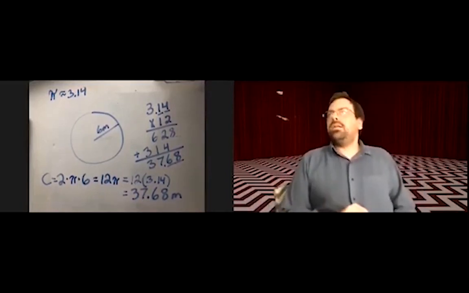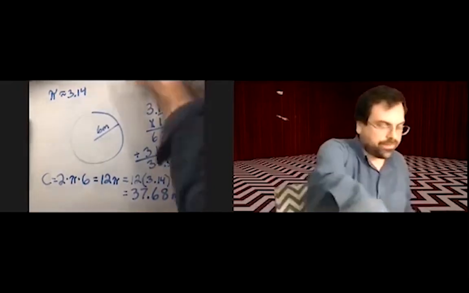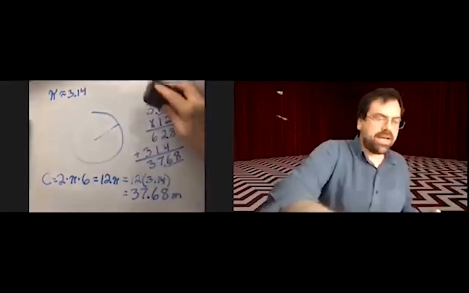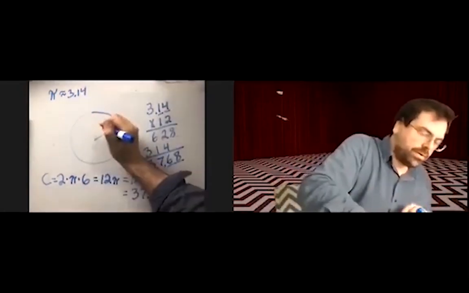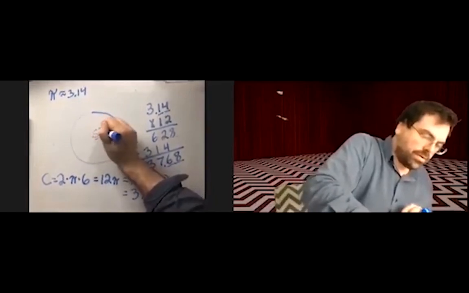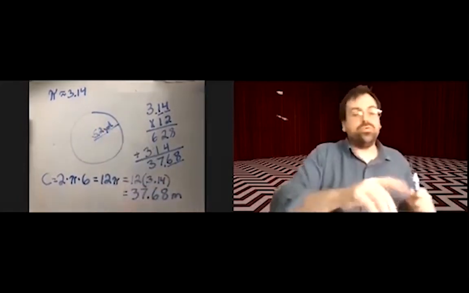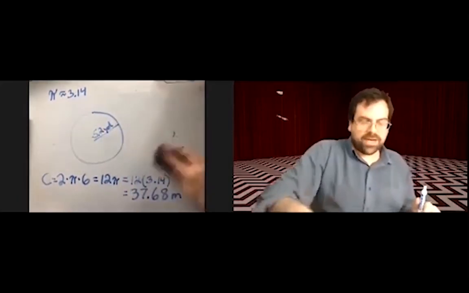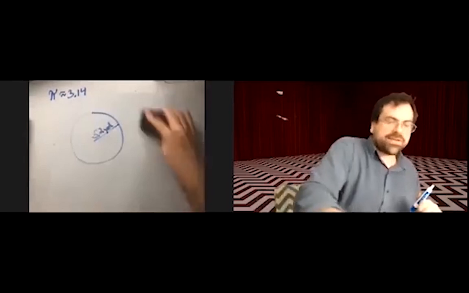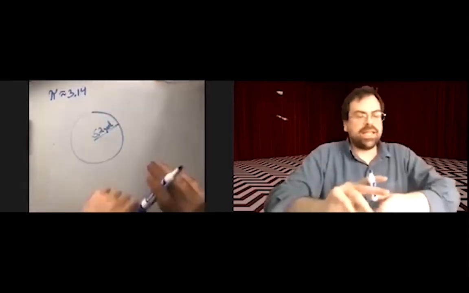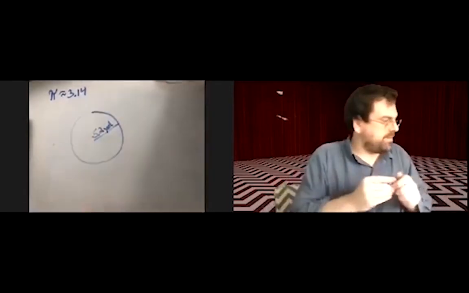Okay, let's do it again. This time our circle is 5.2 yards for a radius. Let's find an exact circumference. Let's then do an approximation.